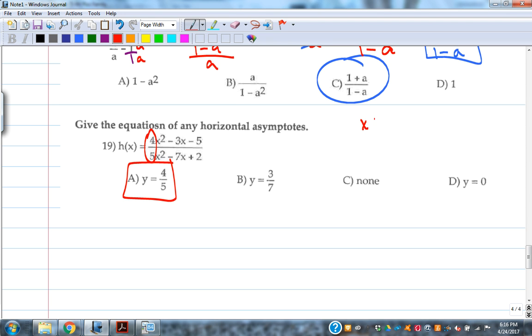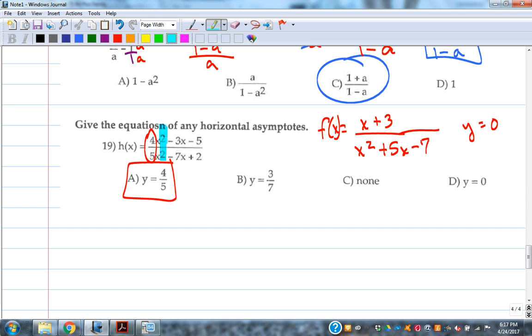If it were x plus 3 over x squared plus 5x minus 7, your horizontal asymptote would be at y equals 0 automatically. If the degrees match like these do, then it's going to be the ratio of those leading coefficients. It's going to be 4 over 5 or whatever numbers are in front of those. That's how you're going to get your horizontal asymptotes.